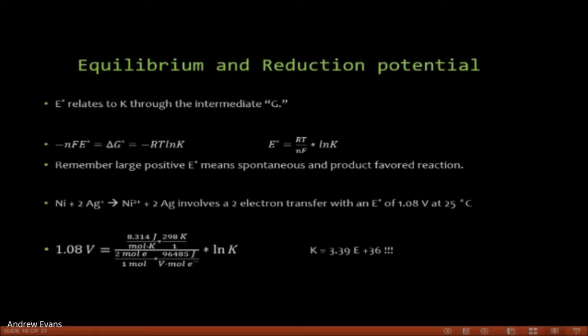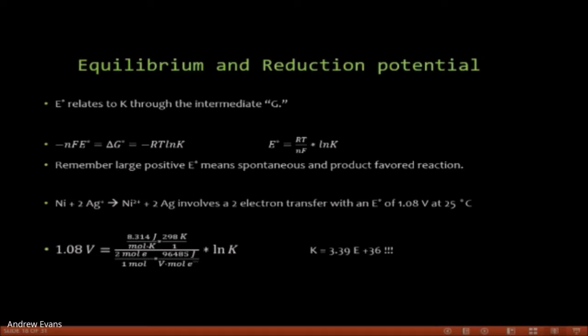R is 8.314. T is our temperature in Kelvin. n is our moles of electrons. And F is our Faraday's constant. This is one time we don't have to watch out for units because this converts volts into joules, and then R cancels out joules.